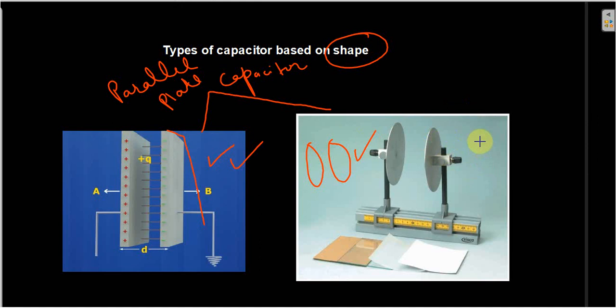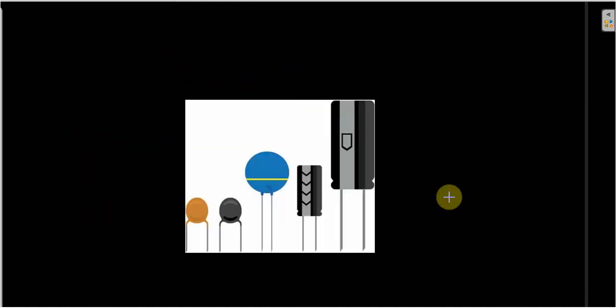Both have capacitance that depends on the area of the plate and the distance between the plates. Each kind of capacitor has different capacitance. Now next, all these three are spherical capacitor.